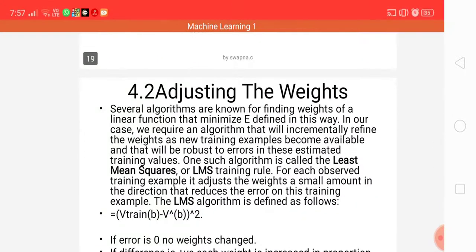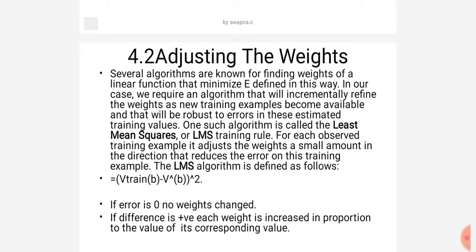Next one is adjusting the weights. What are weights? In the linear combination of the function that we have, x1 and so on with some coefficients, W0 is the additive constant and W1 to W6 are the numerical coefficients, that we call the weights.